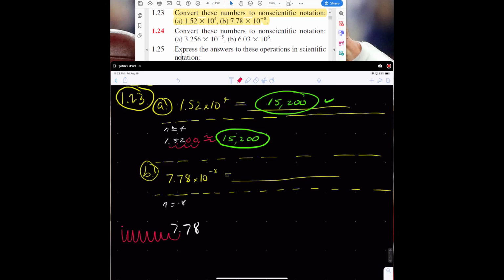And we have to fill in the zeros. 1, 2, 3, 4, 5, 6, 7. We can put a 0 before the decimal point.